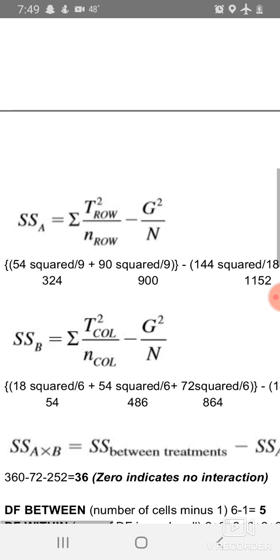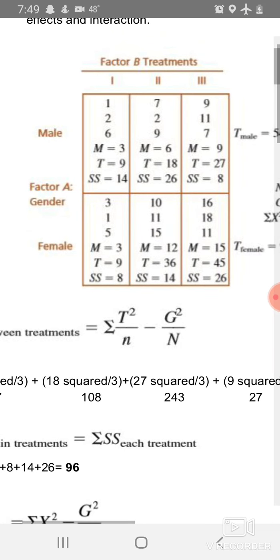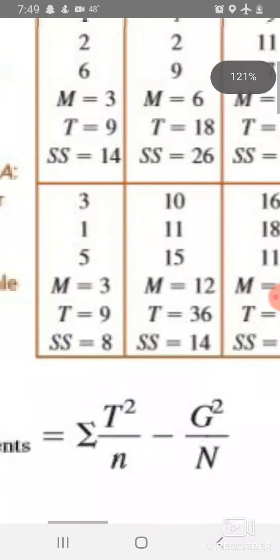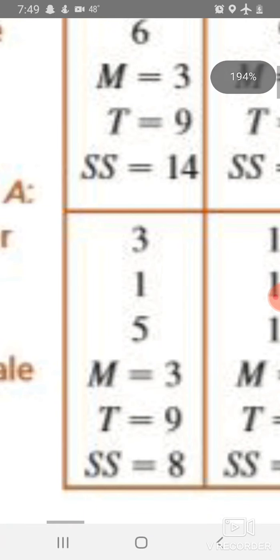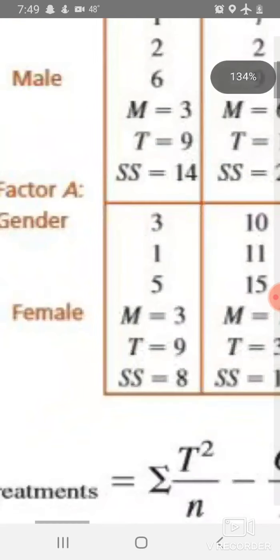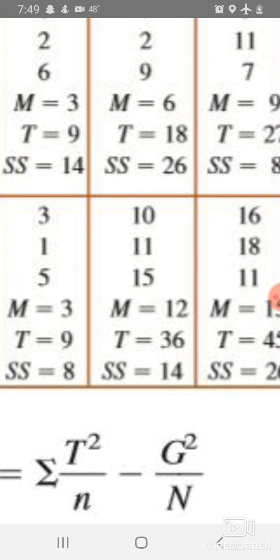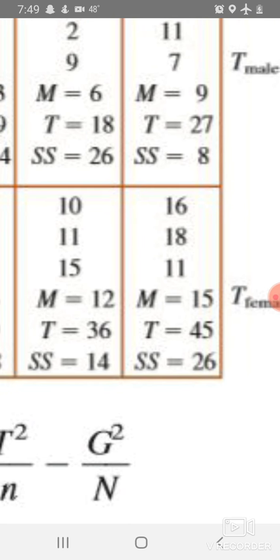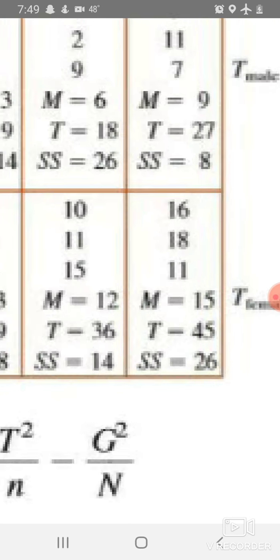SSB. You take the T squares of the columns divided by n columns. The T squares of the columns are, in the first column, 9 and 9. Second column, 18 and 36. Third column, 27 and 45.